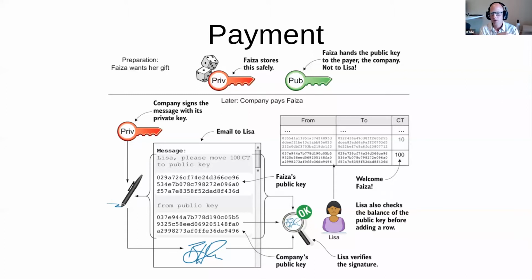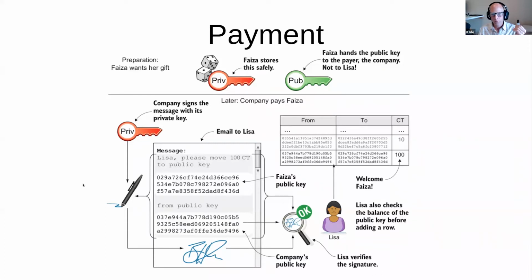Lisa isn't interested in her public key anymore, but she instead sends this public key to the company, the payer, the one who wants to pay money to Faisa. She gives the public key to the company and says, okay, here's my public key. Please pay 100 cookie tokens to this public key.